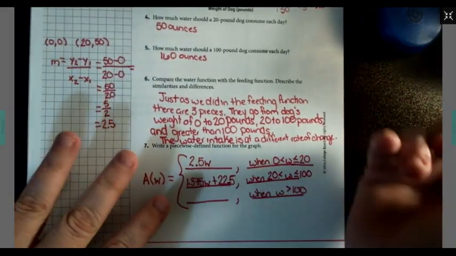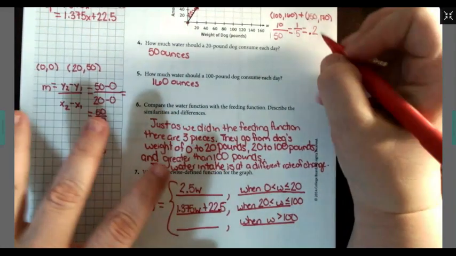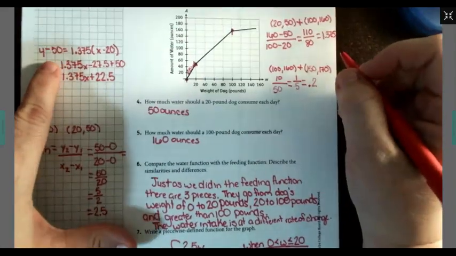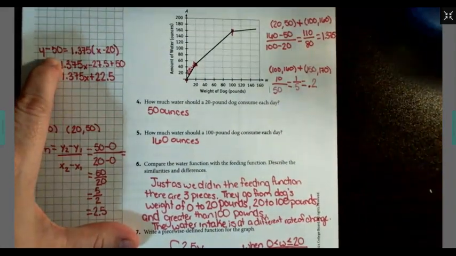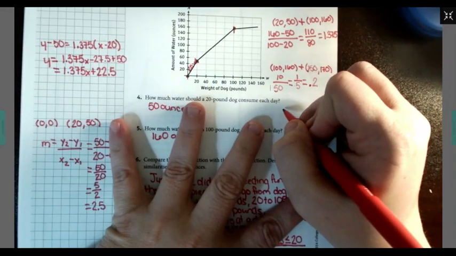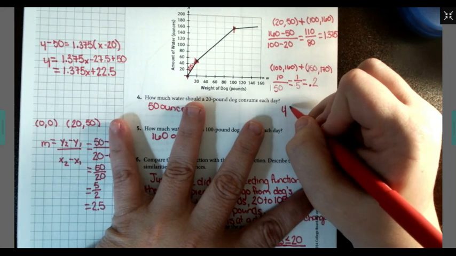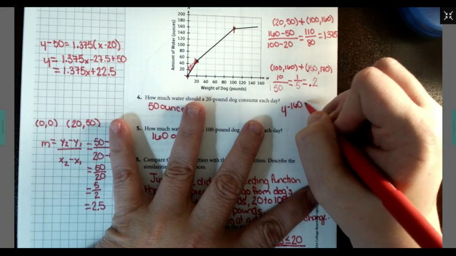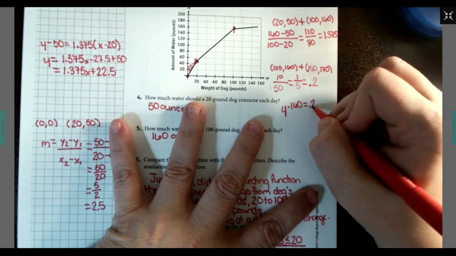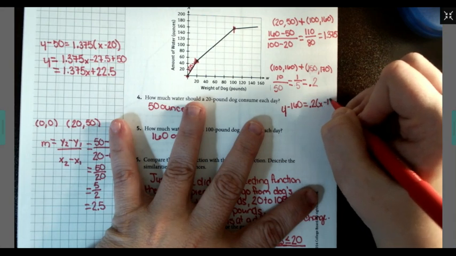Okay. Well, again, I can use this point slope formula and then manipulate it to solve for y. So we would have y minus 160 equals 0.2 times x minus 100.